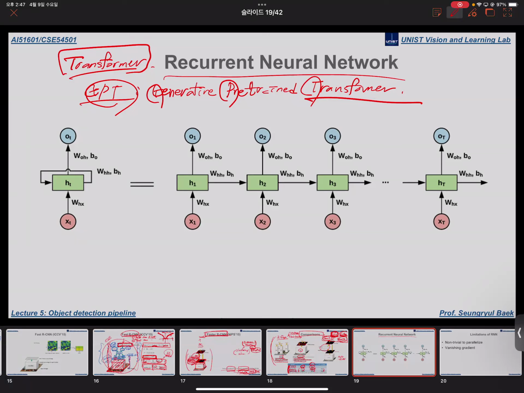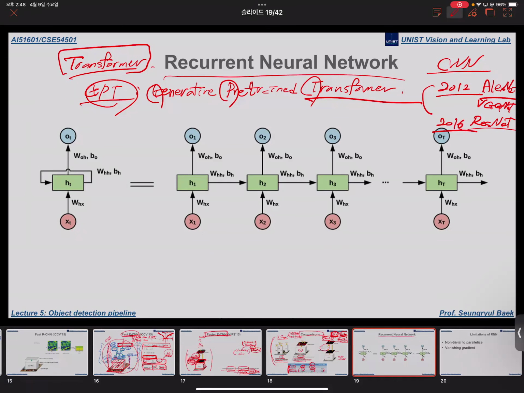Okay, so CNN, as I told you, from 2012, from AlexNet, it was proven effective by recording state-of-the-art performance in image classification tasks. And after that, there are several famous algorithms such as VGG, GoogLeNet, and ResNet. Okay?